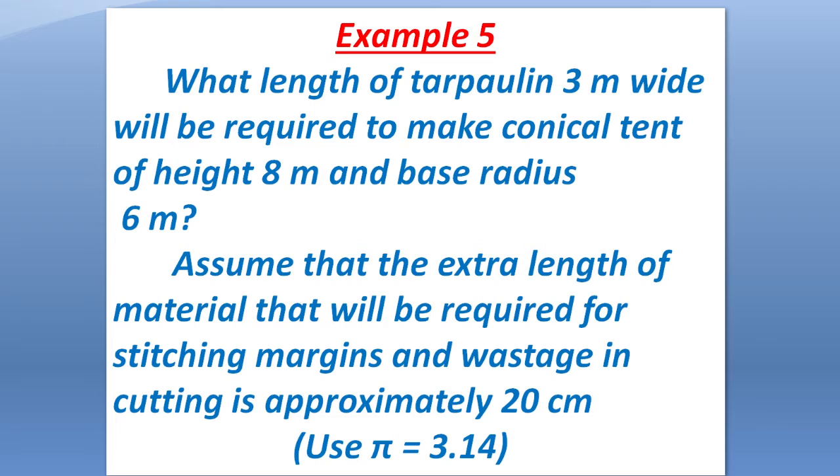Assume that the extra length of material that will be required for stitching margin and wastage in cutting is approximately 20 centimeter. Here use pi is equal to 3.14 instead of 22 by 7.